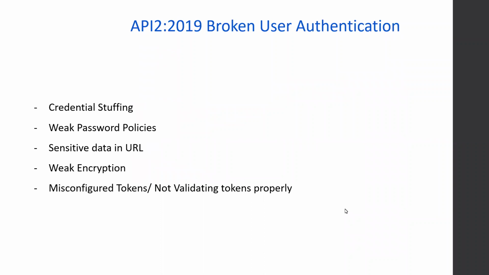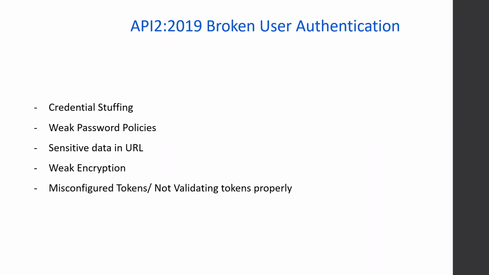The second one is broken user authentication. It is also a bit similar to, I think, OWASP Top 10 A3. Here it is API 2. This is when your API allows credential stuffing, such as when an attacker gets hold of a dump.